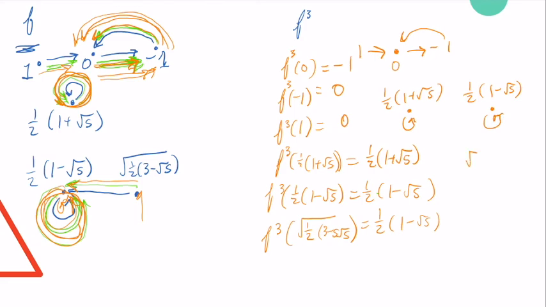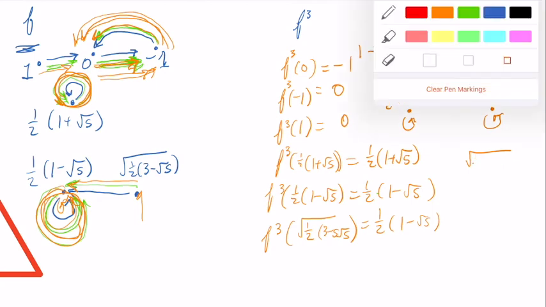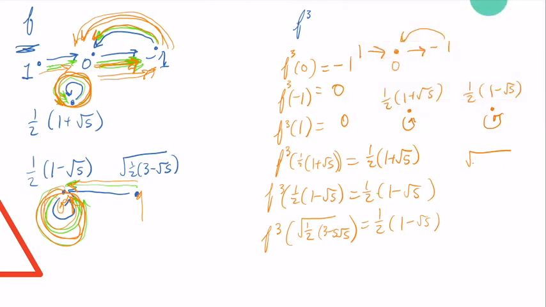And the square root of 1/2 times 3 minus the square root of 5 maps to 1/2 times 1 minus the square root of 5.